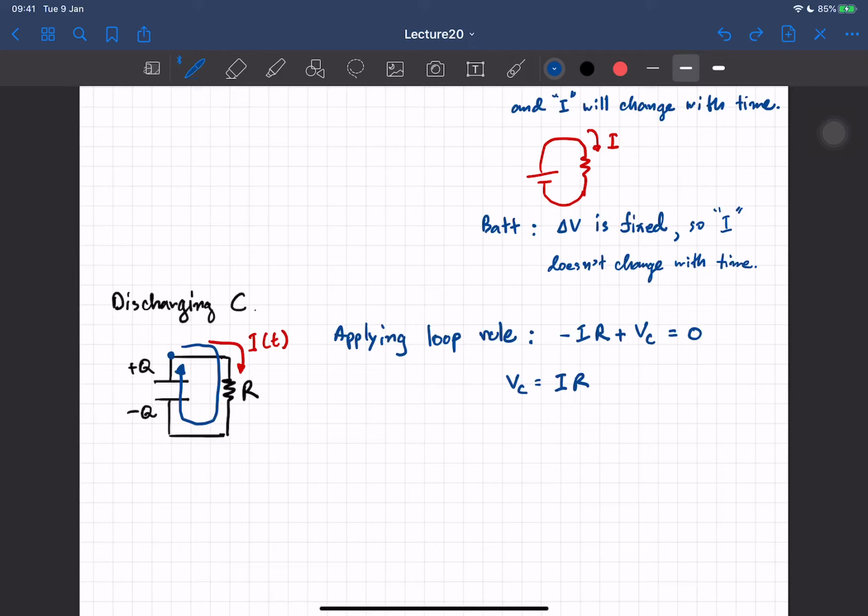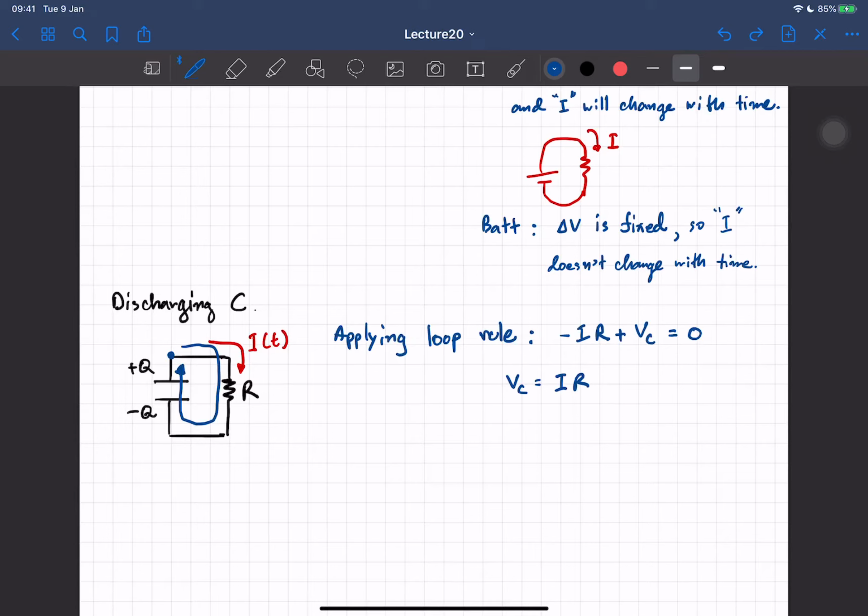But I think conceptually, it's better to start talking about this using the loop rule, like what we have here. Okay, so mathematically it looks the same, but in terms of the interpretation, it's a little bit different. But that's just a minor point that I want to point out. It doesn't really matter, because in the end we just have VC equal to IR.